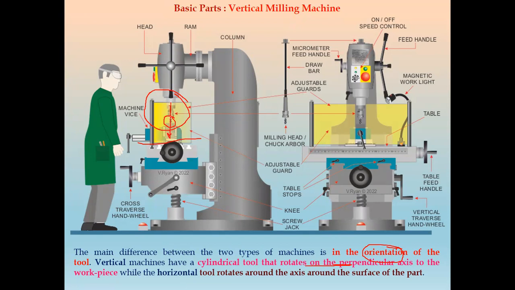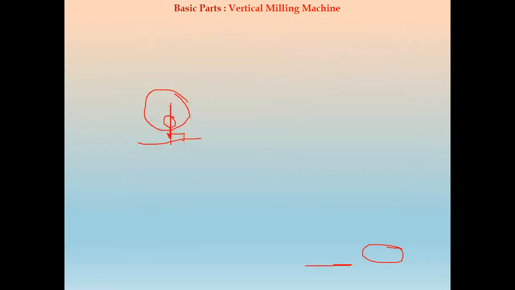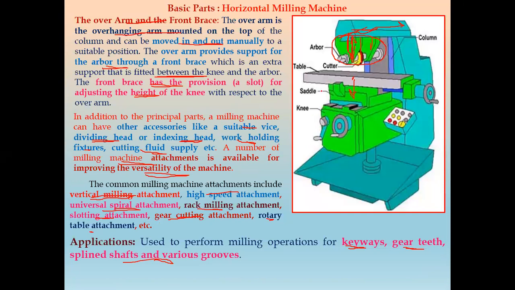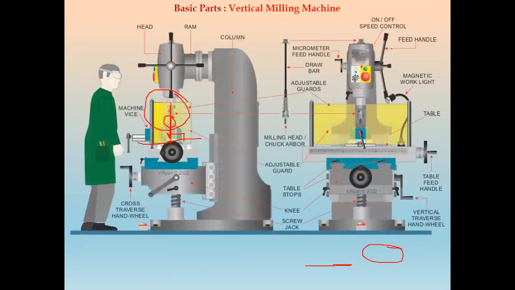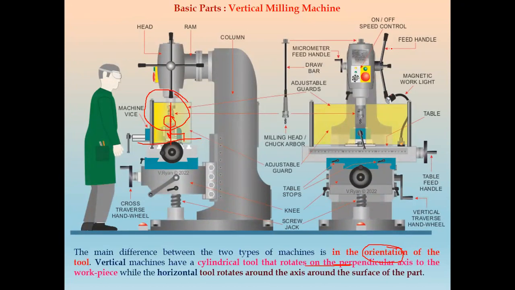So it is perpendicular. In a horizontal milling machine, the axes of the workpiece and the milling cutter are parallel to each other. That is the main difference, the orientation of the milling tool.